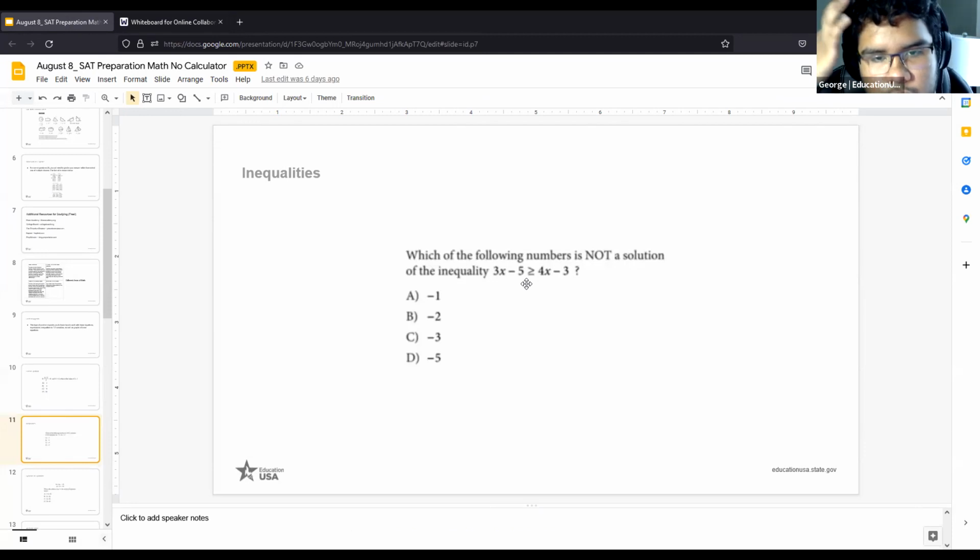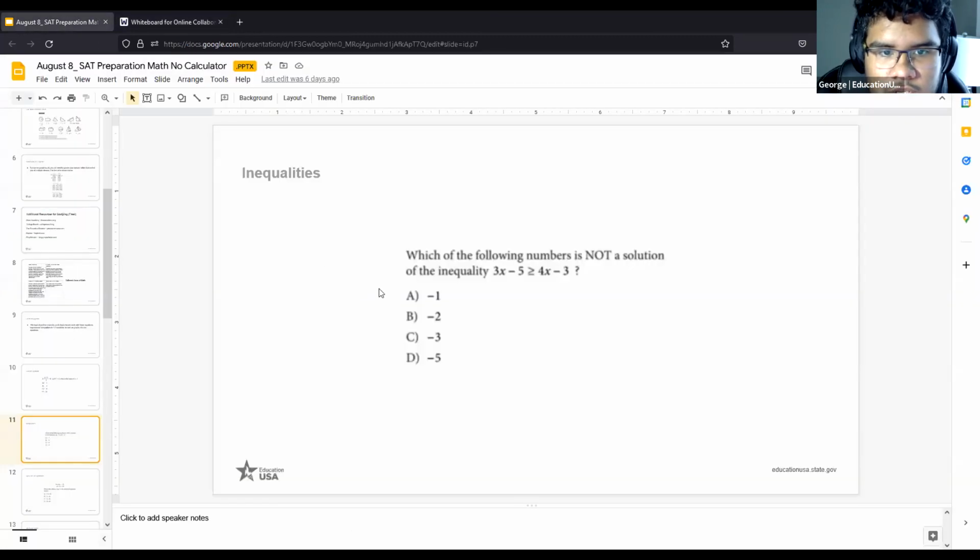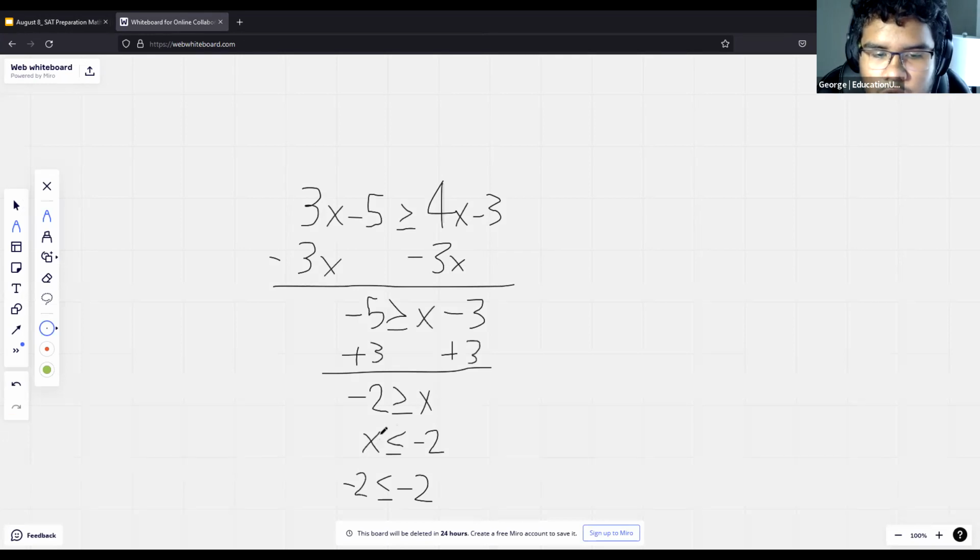It's asking for a number that's not a solution, where if you substituted x here with that number, it would be incorrect. Because of that, the answers -3 and -5 are also incorrect because they're all less than or equal to -2.